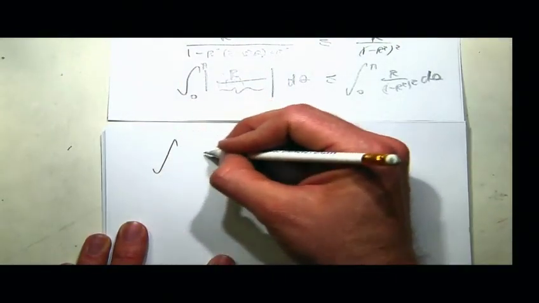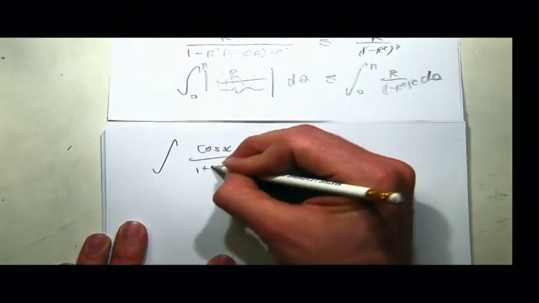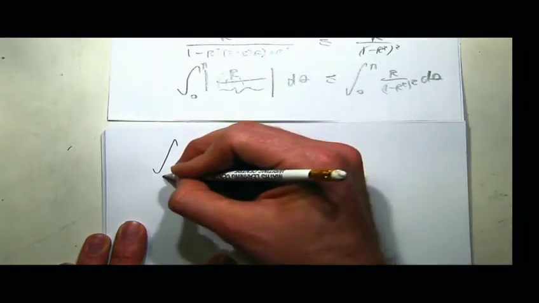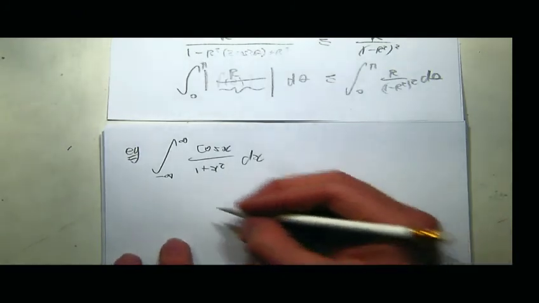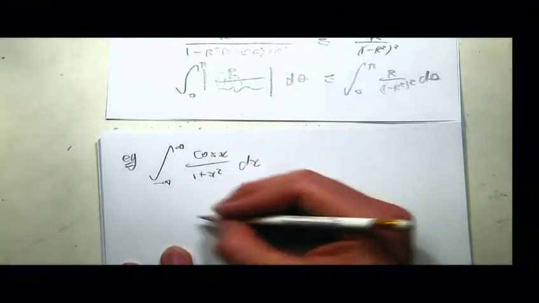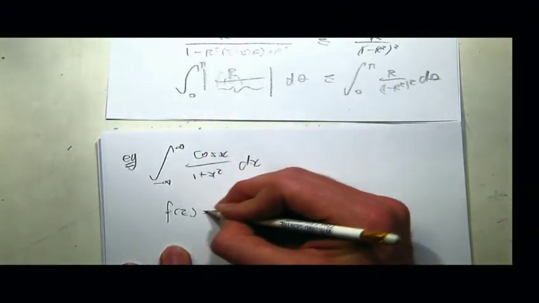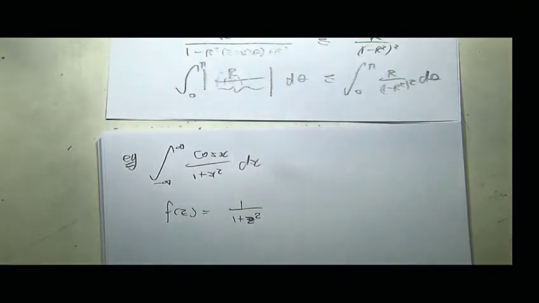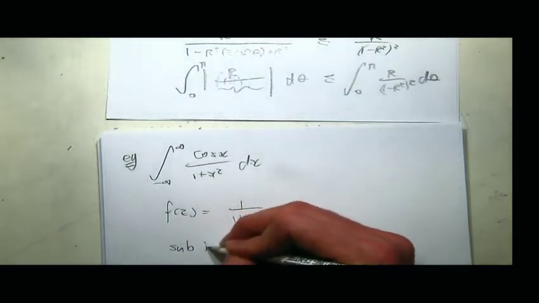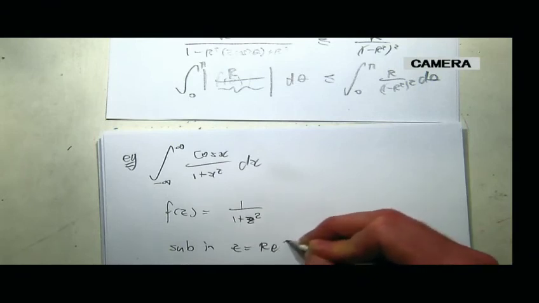We have an integral of cos x over 1 plus x squared dx from minus infinity to infinity. We're going to ignore the bit involving the cos, and sub in z, and then also sub in z equals re to the I theta.